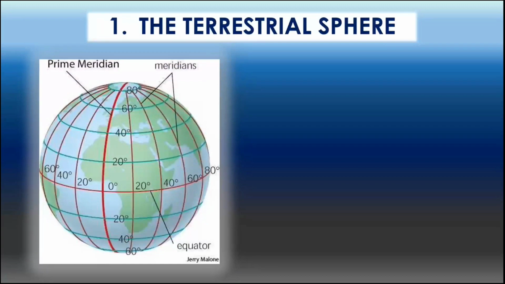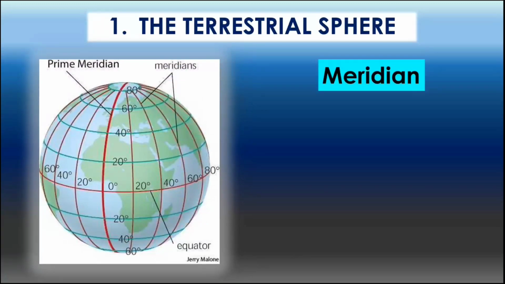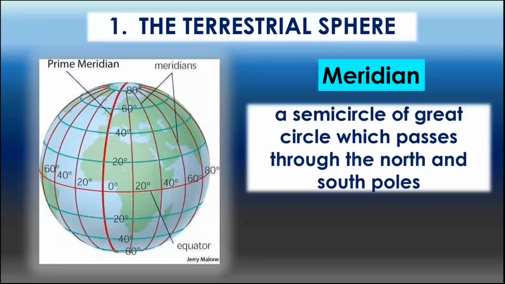So on the next slide, we have here the term meridian. What is meridian? Meridian is described as a semicircle of a great circle. I hope that you can still remember what a great circle is. It is the biggest circle on a sphere.